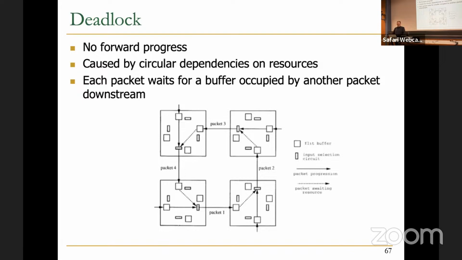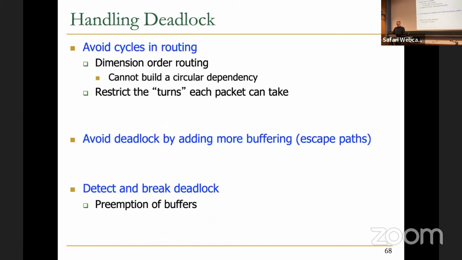But topologies like torus, since you have circles in your topology, even using XY routing can cause deadlock for a torus network, and people have been working on it, to avoid deadlocks for torus networks. So in order to handle deadlock, you can have different approaches.